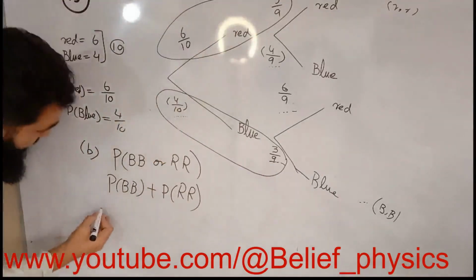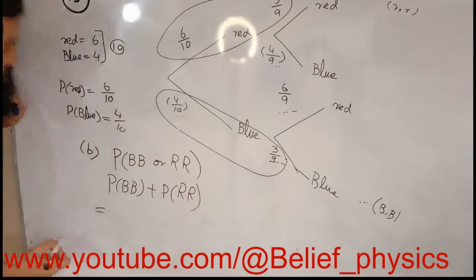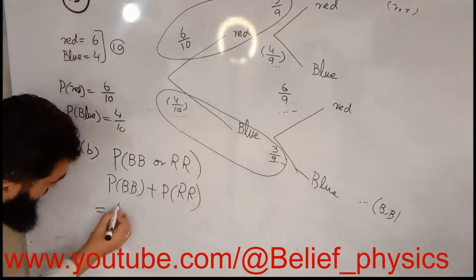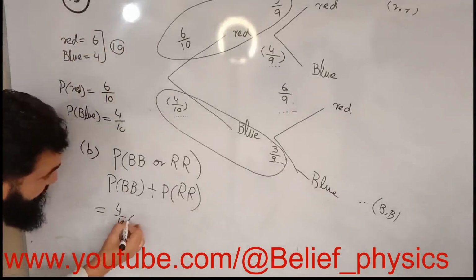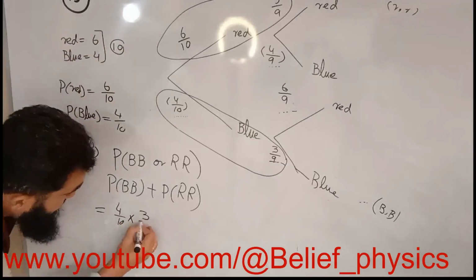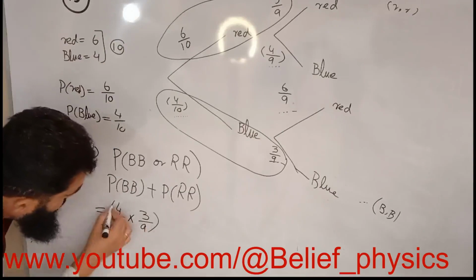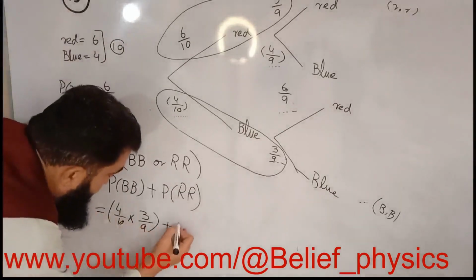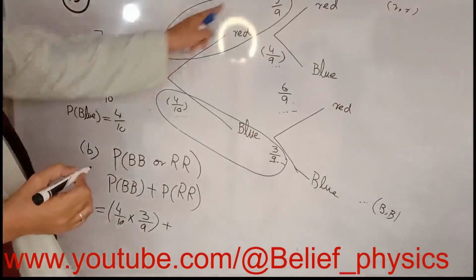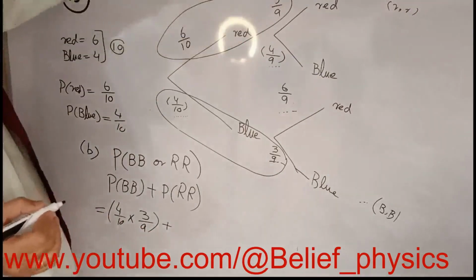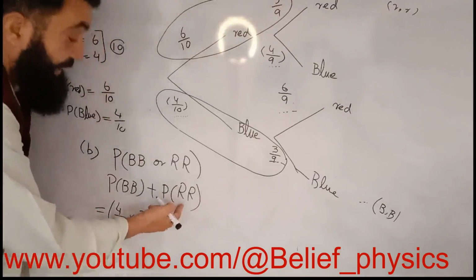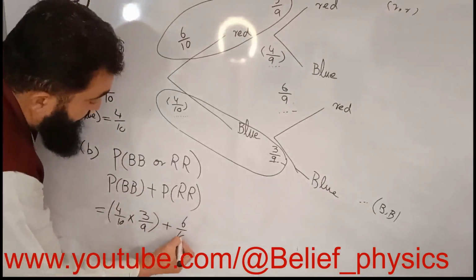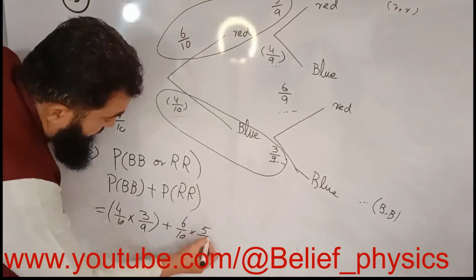So the probability of blue is 4 over 10 into 3 over 9. Plus the probability of red. Red is here 6 over 10, this is 5 over 9. Same direction to multiply because it is red and red. So this will become 6 over 10 multiplied by 5 over 9.